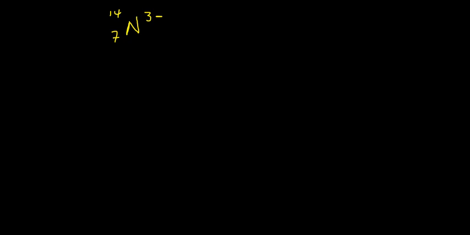How many protons are going to be here? What do you think? What will be the number of protons in this atom? 7. Very good. So this one is going to have 7 protons. How about electrons? How many? Okay, 7.